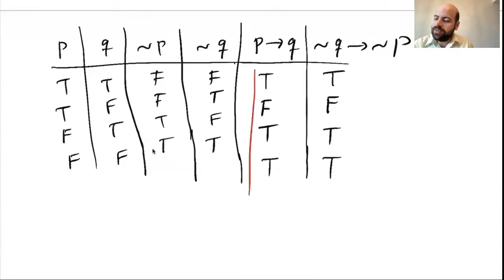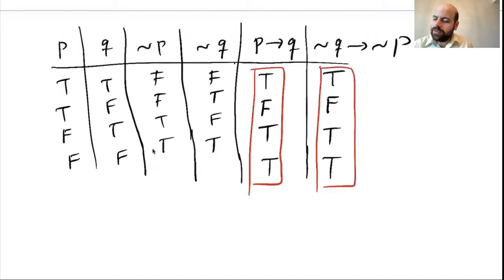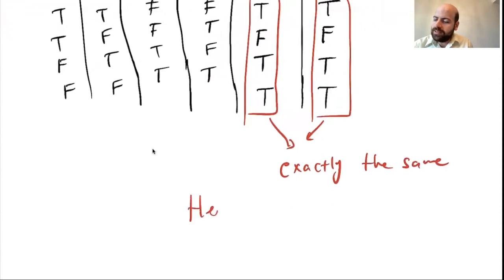This column here and this column here are exactly the same columns. So hence we can say that P implies Q is logically equivalent with the contrapositive, negation Q implies negation P.